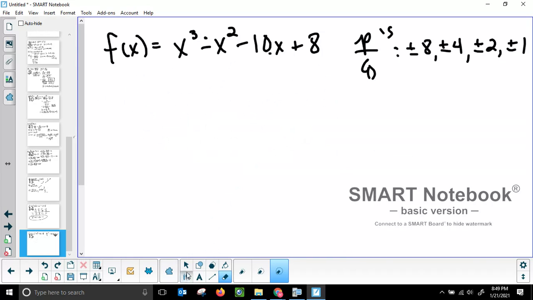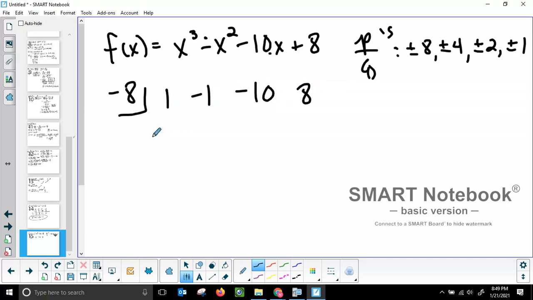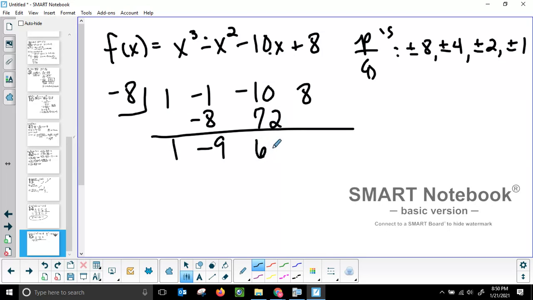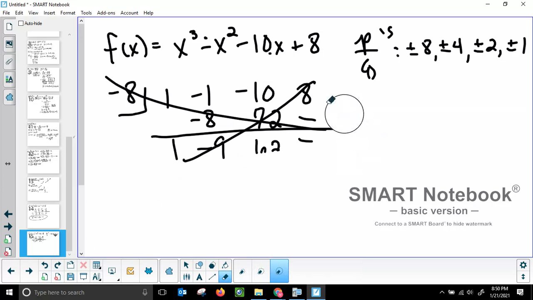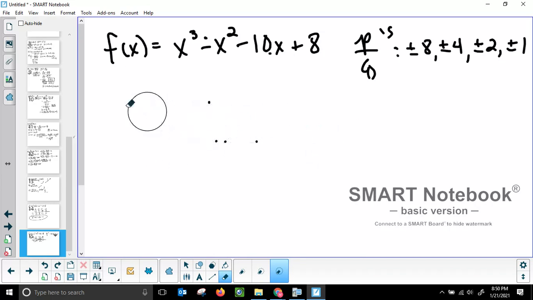Let's try 8, or negative 8 rather. 1, negative 1, negative 10... no way. Okay, so none of these work. Then this would have to be on the calculator portion, unless we made a mistake somewhere.